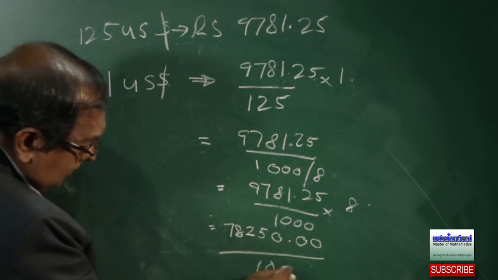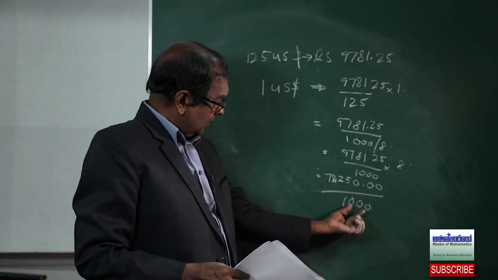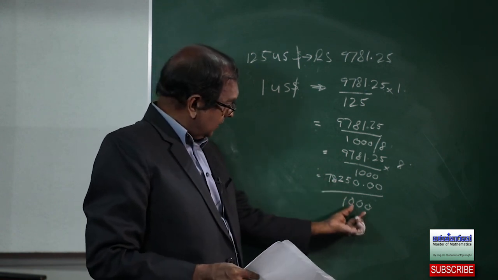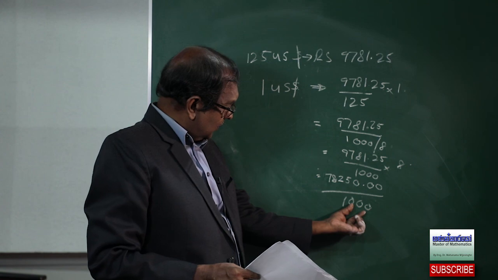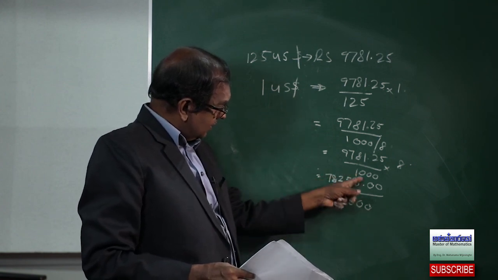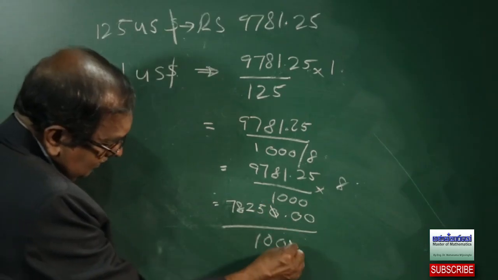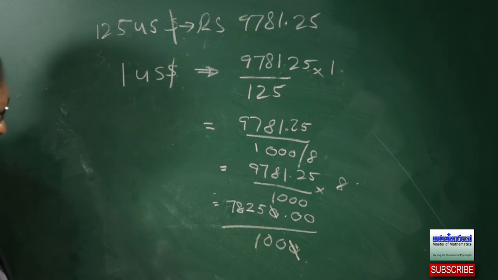Divided by 1000. Then it is easy. You have to divide this value by 1000. Therefore, we can introduce 3 decimals here. If we want, we can cut 2 zeros.